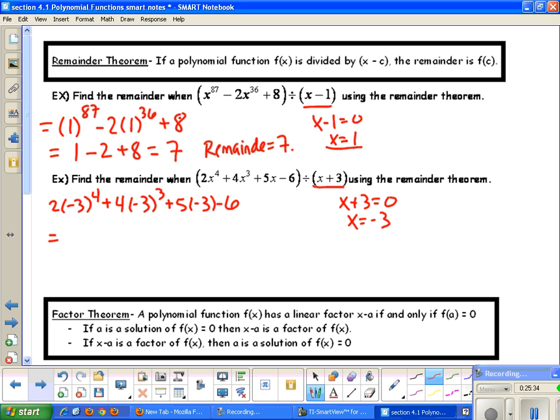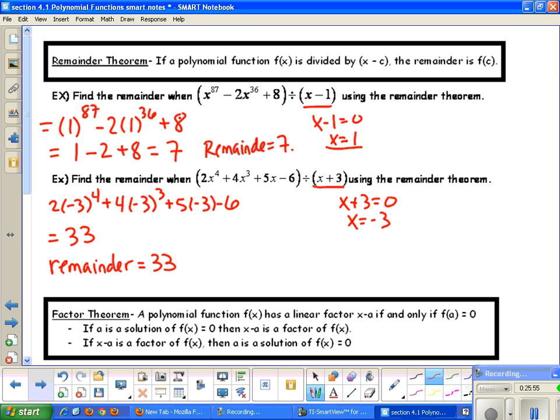When you do all these calculations, you would get the remainder is 33. Because of that, I know that x plus 3 is not a factor of this polynomial equation because I didn't get a remainder of 0.